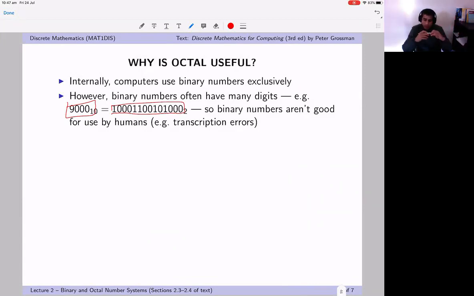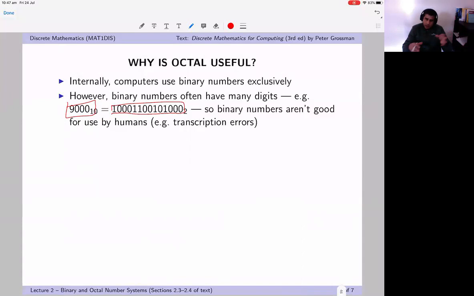So binary numbers aren't good for use by humans because the strings are quite long. Or if you have 1 billion in decimal and you want to convert that into binary, that would be quite a long number, right?